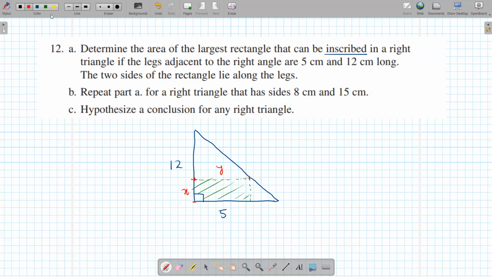So what will be the perimeter of that rectangle? 2x plus 2y. Yeah, 2x plus 2y. The area will be what? Y times x. Yeah, y times x. This is what we're trying to maximize, but we don't have the perimeter, do we? I don't see a perimeter.